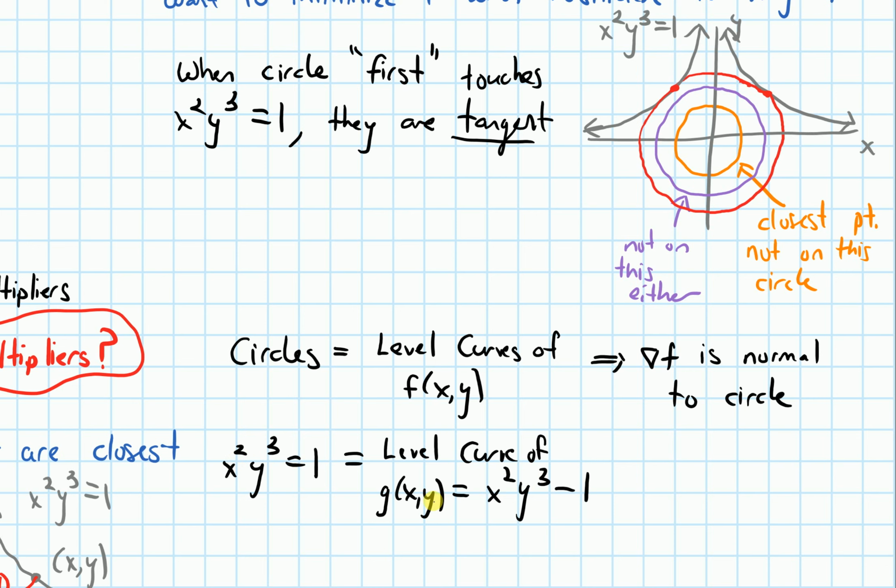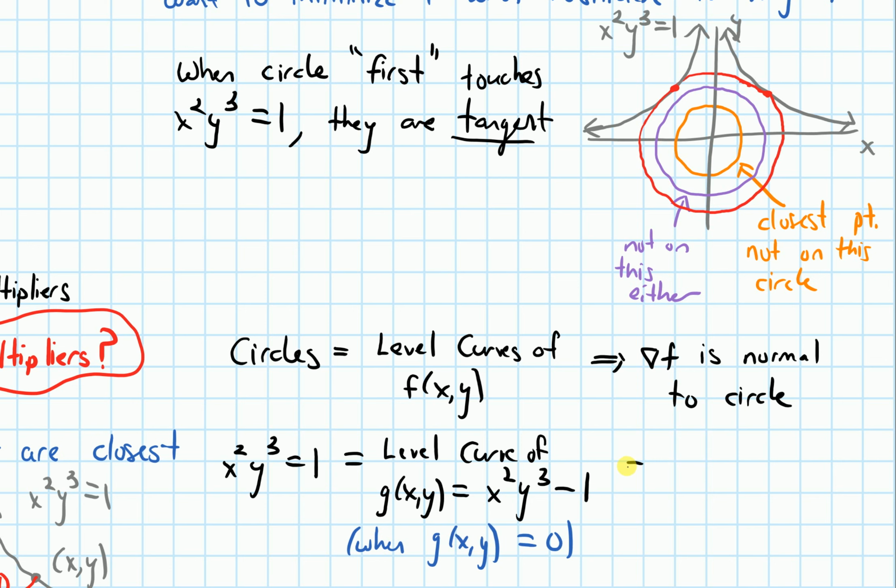It's actually a level curve of this function when g of x comma y equals 0. If I set g of x comma y equal to 0, we get this equation x squared y cubed equals 1. I also could have moved the x squared y cubed over to the right-hand side and gotten 1 minus x squared y cubed and said, oh, it's the level curve of that function when you set g of x comma y equal to 0. It would be the same thing.